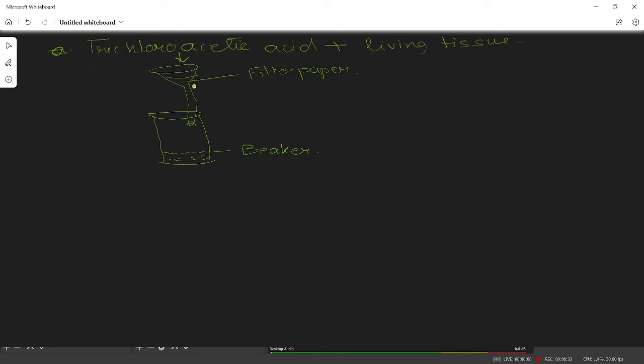Whatever is passing through into the beaker is the acid soluble pool, and whatever is detained in the filter paper will be the acid insoluble pool. Those insoluble substances could not pass through the filter paper and they remained behind on it.